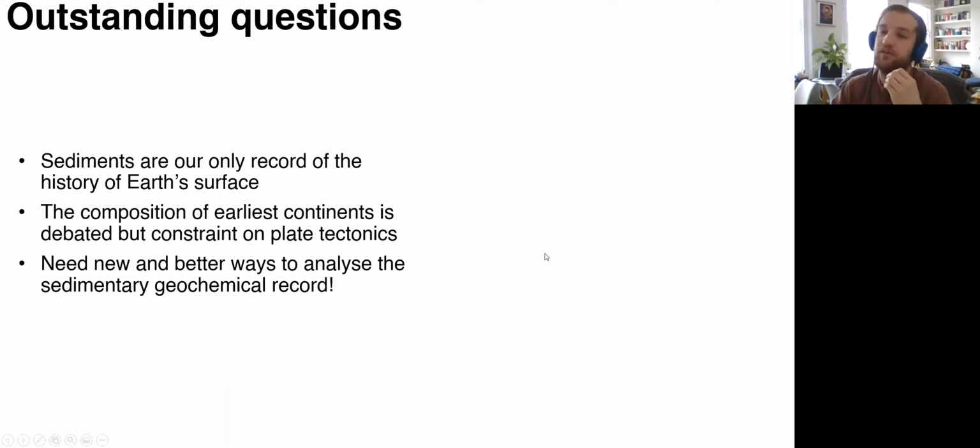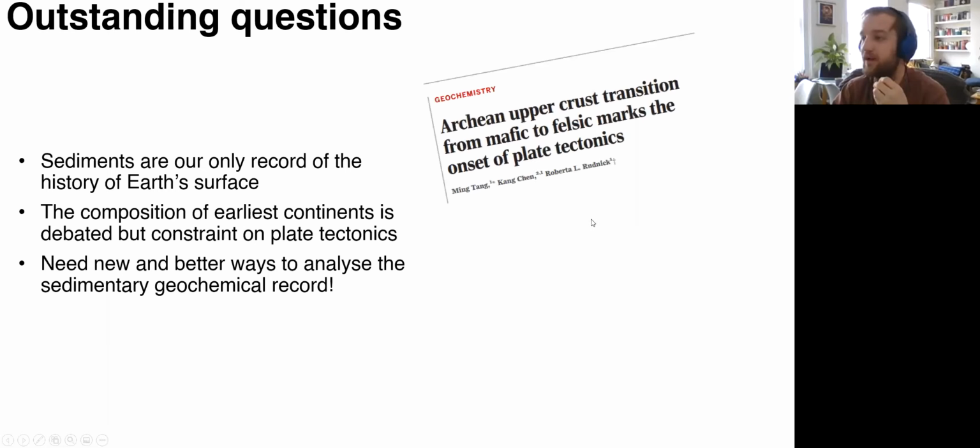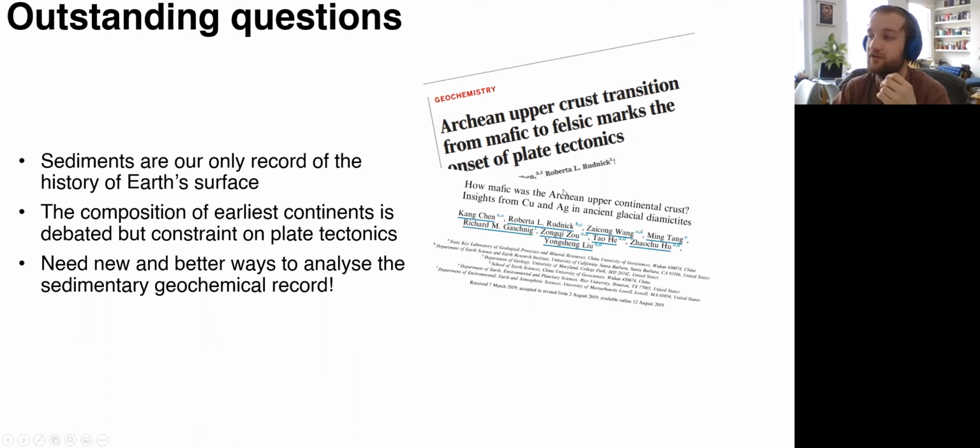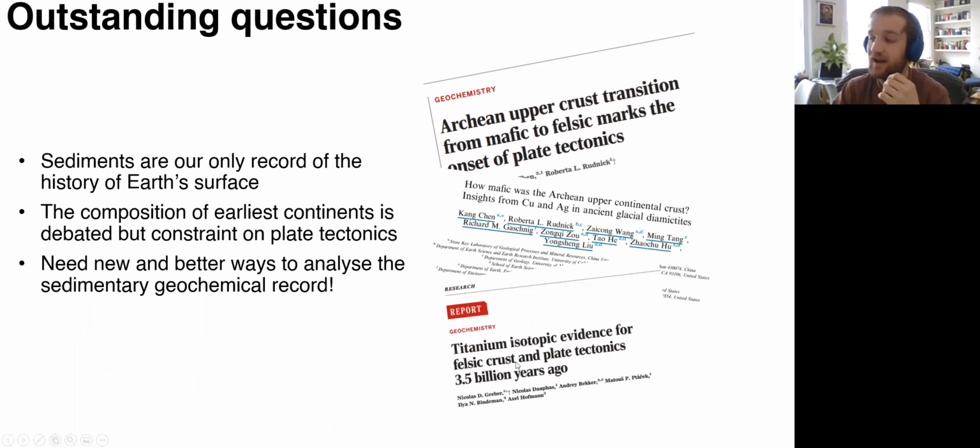Surprisingly, given the importance of this question, the composition of the earliest continents is very much a matter of debate. Some people have proposed a very ultramafic to felsic transition, so very ancient mafic continents. Others have confirmed this with a more mafic continental crust, but more recently, this has been challenged with certain isotopic evidence in the sedimentary record suggesting a felsic crust and therefore an ancient onset for plate tectonics.